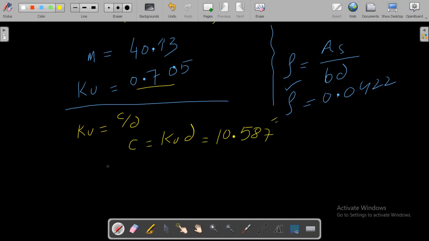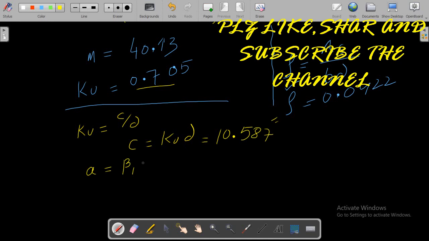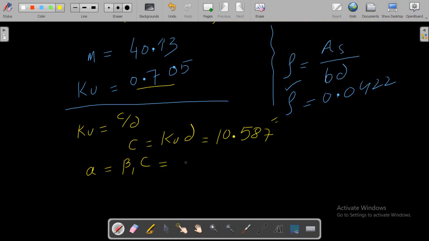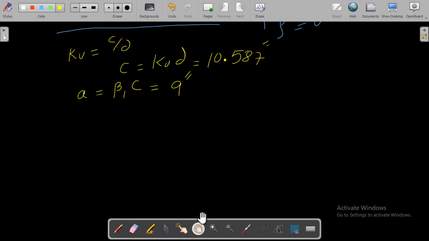So from this we can easily find a. A is just some fractional distance of c. So beta 1 times c, we know beta 1 is 0.85 times the c value. If you do this calculation, you will find a, that is 9 inches. Now this is 9 inches.